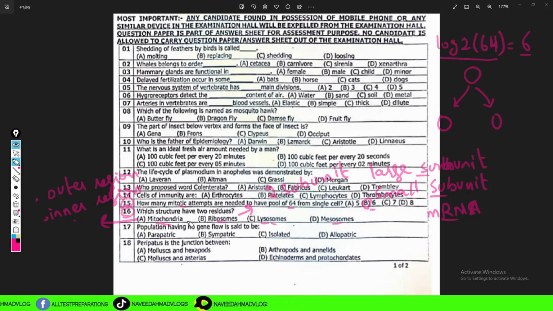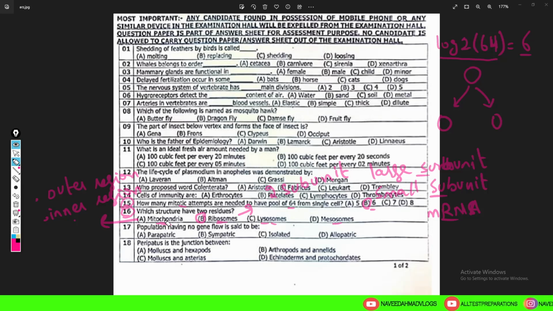So the most appropriate and correct option among these two is option B, ribosomes. Ribosomes contain two subunits, or we can say that they contain two residues, while the mitochondrial structure contains two regions, the outer region and inner region.